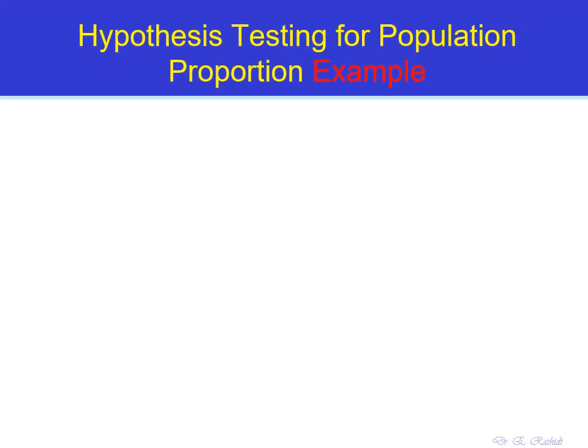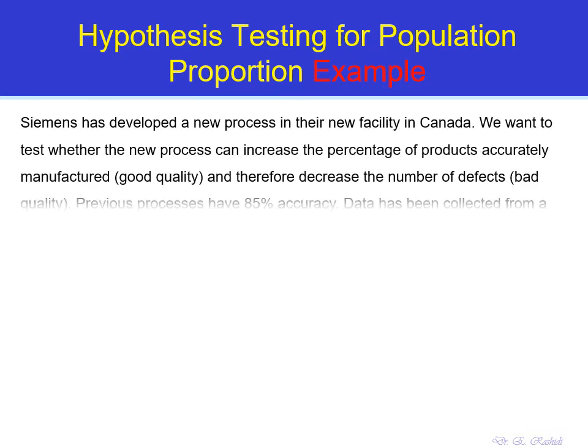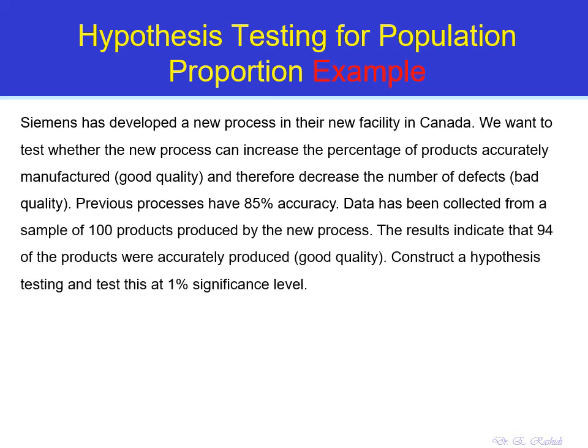Now let's see an example for hypothesis testing about population proportion. Siemens has developed a new process in their new facility in Canada. We want to test whether the new process can increase the percentage of products accurately manufactured, or the good quality product, and therefore decreases the number of defective products, which is the bad quality product. Previous processes have had an 85% rate of accuracy.